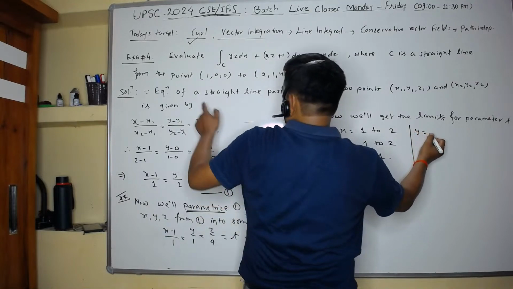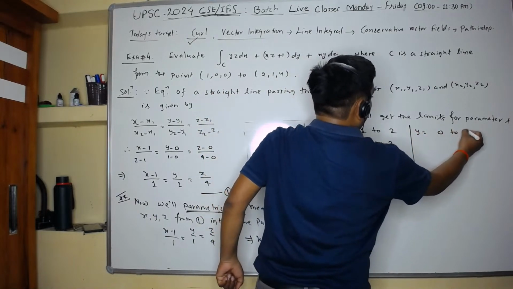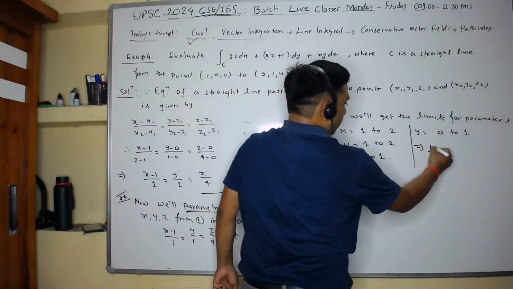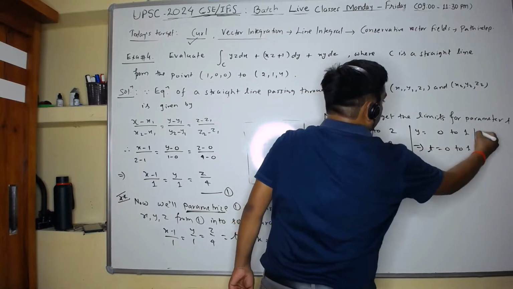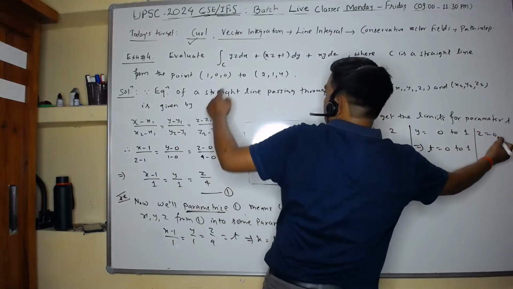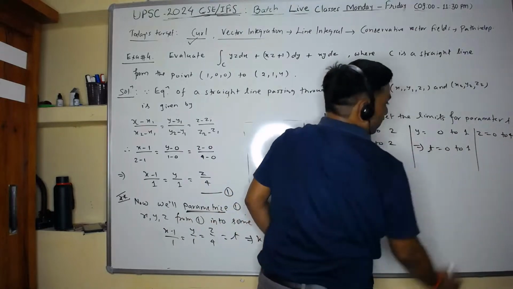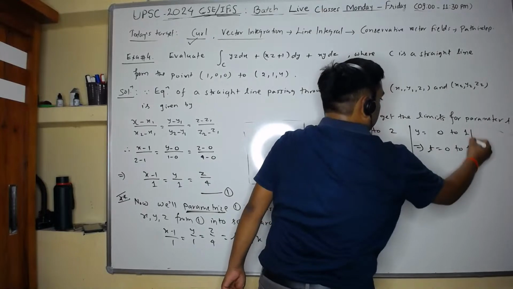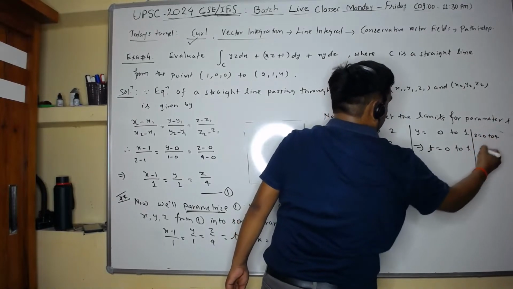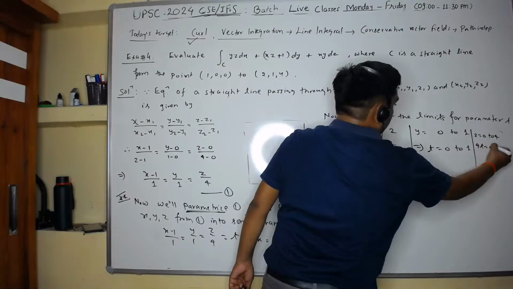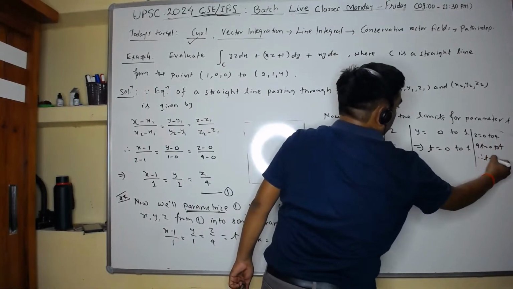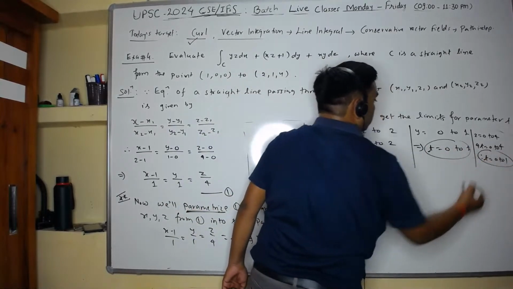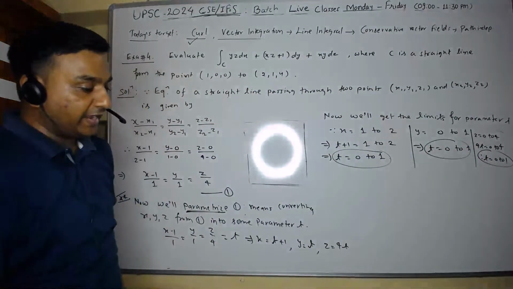If you take y going from 0 to 1, so this implies y, आपके पास क्या है in terms of t? 0 to 1. Similarly, you can think for z equals 0 to 4. So z in case of parameters आपके पास क्या है? That is 4t. So 4t is 0 to 4. So t is 0 to 1. In all of the cases, you are getting t as 0 to 1. Right? Chale.